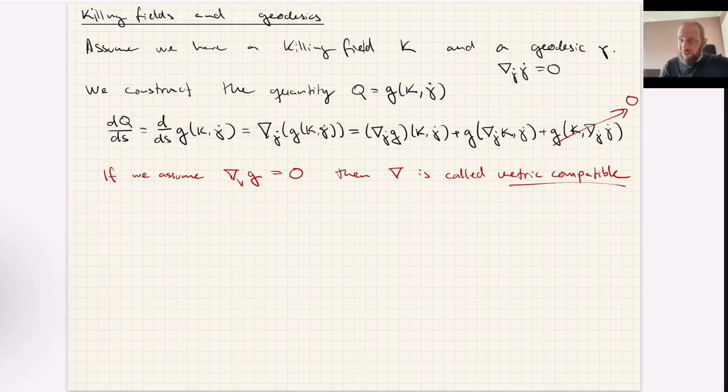That is called the Levi-Civita connection. So if we have such a connection, then that term is also going to disappear, and we are left with only G of the action on the Killing field here.